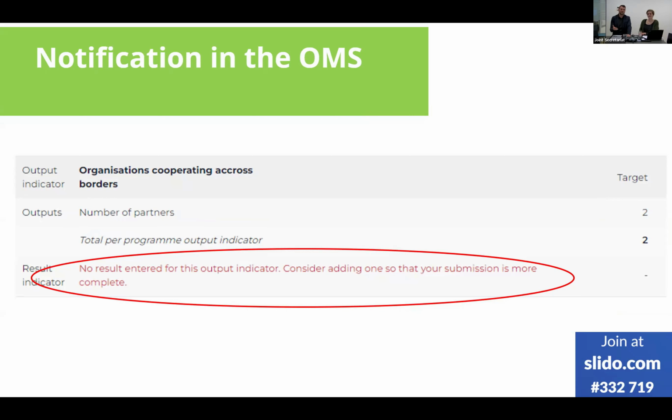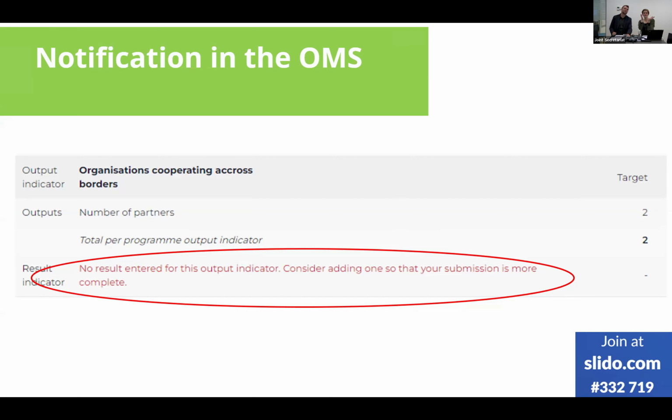If you see this warning message or notification, it doesn't necessarily mean that you cannot submit your application, but it is a kind reminder to please choose a result indicator to your output indicators and think beyond the output, think beyond the product, what you will actually produce in a work package, and look at the take up of this product later on. Yeah. Very good. Yeah, that it is.